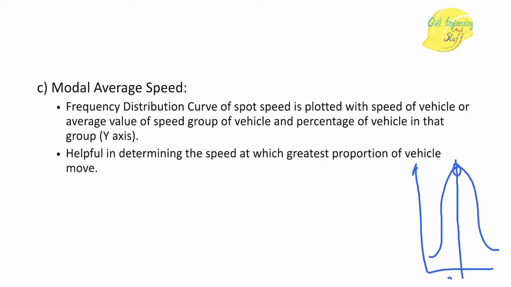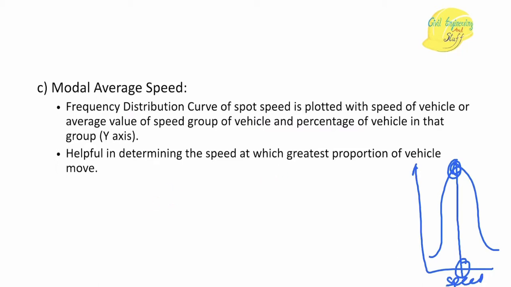Through that we find out the speed followed by most of the vehicles. This modal average speed helps to find out the speed trend that has been followed by most of the vehicles.